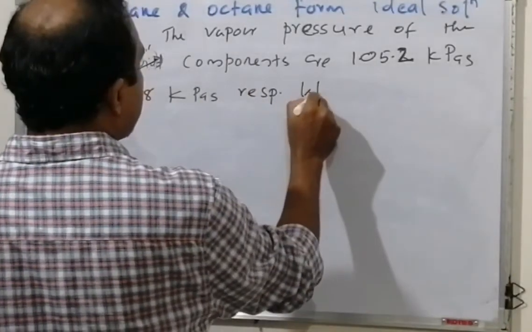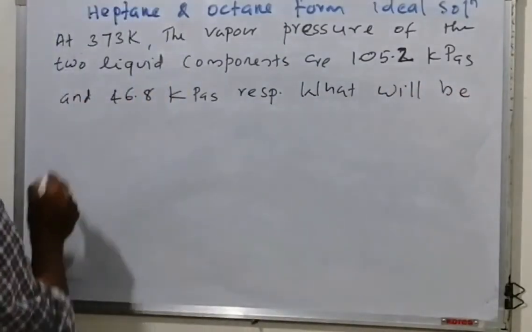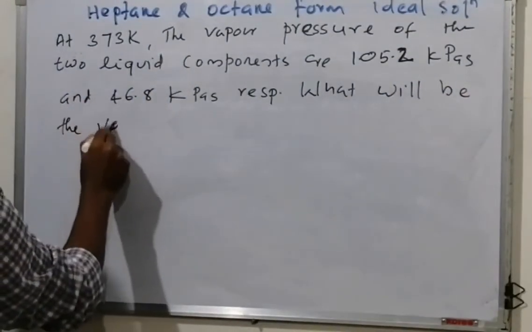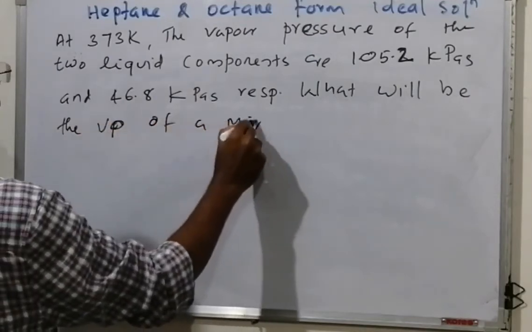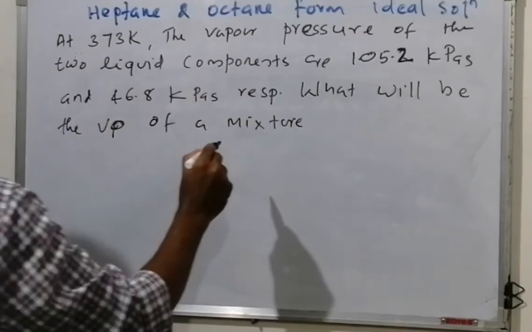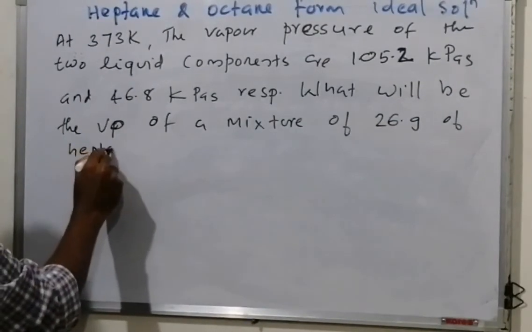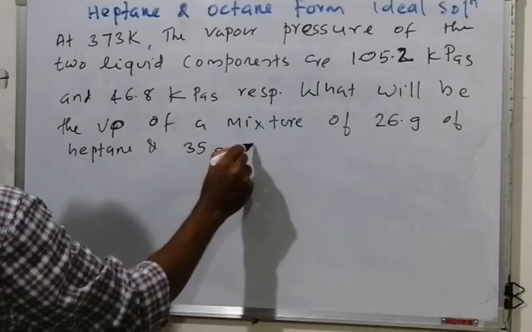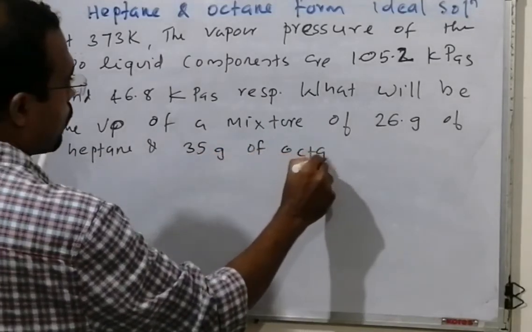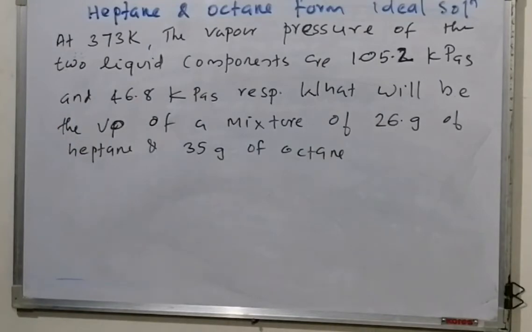What will be the vapor pressure of a mixture of 26 gram of heptane and 35 gram of octane? Heptane and octane form an ideal solution.